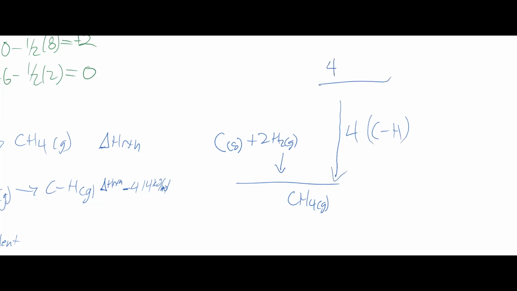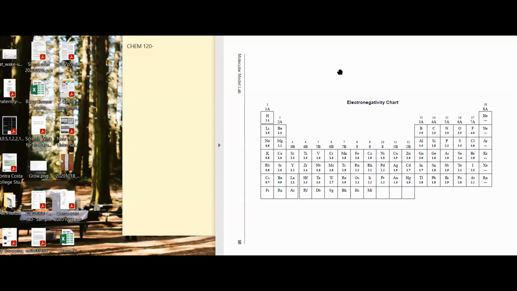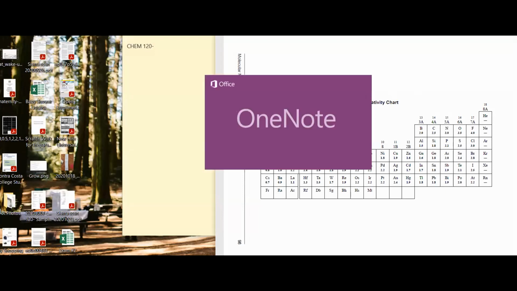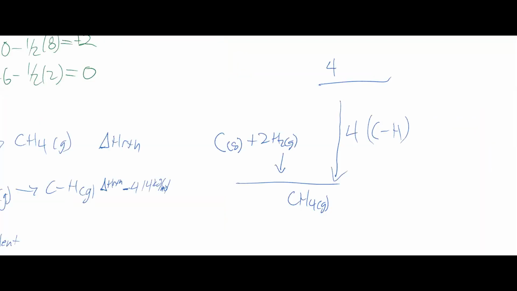So if I have 1 carbon in its gaseous form and I have 4 hydrogens in their gaseous form, I can form those 4 bonds.